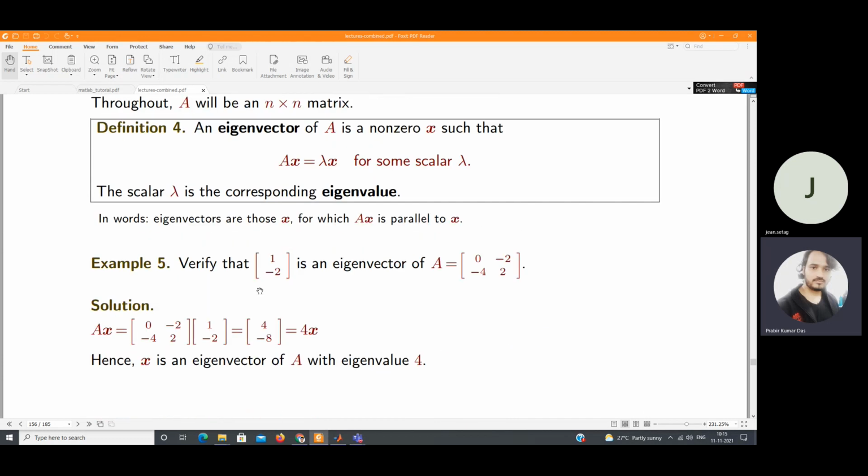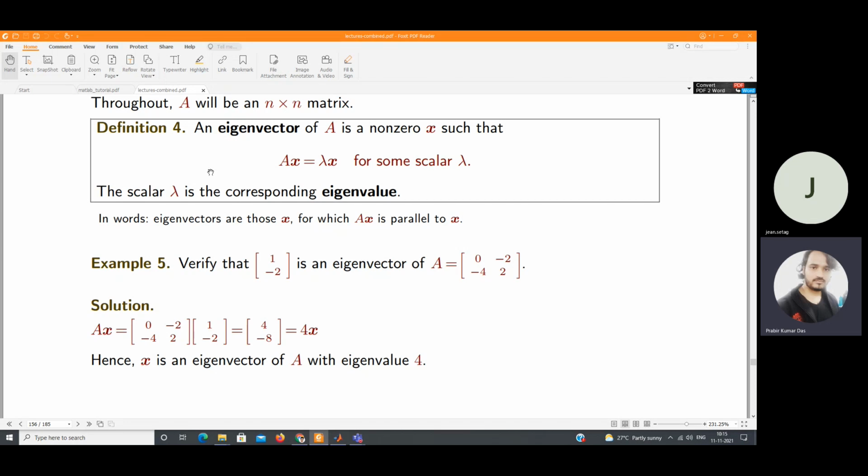So see here, actually eigen means characteristics. Suppose A is a linear system, so we can get an idea of the characteristics of this system using eigenvalue and eigenvector, and eigenvalue and eigenvector are related to each other.